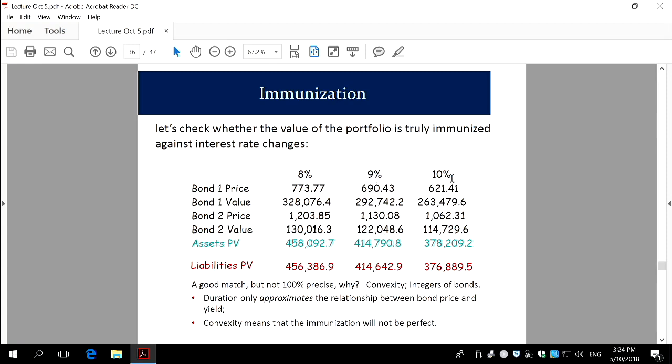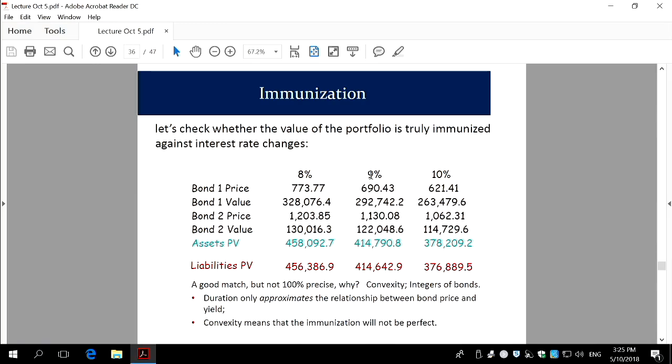Because when the interest rate goes up, the bond price goes down, the value of the asset side will go down. But the good thing is the value of your liability side also goes down. So asset side goes down, liability side goes down, but basically they are still the same. So this risk basically cancels out. You have a smaller asset, but you have a smaller liability. Eventually, you don't have to worry much about that.